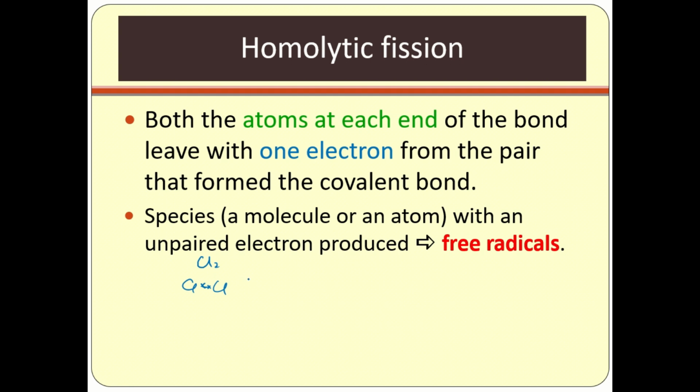When homolytic fission of this Cl-Cl bond happens, each chlorine atom will get one electron from the bond. So now each chlorine atom has an unpaired electron. They are free radicals.